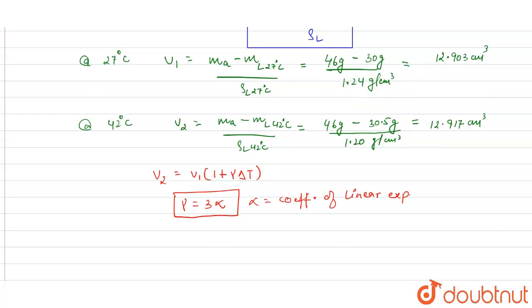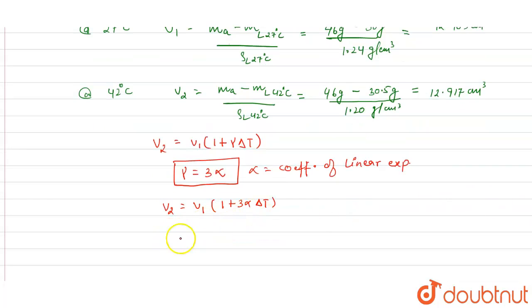Now putting gamma in the above equation, we get final volume equals initial volume into 1 plus 3 times alpha delta T. Calculating alpha from this equation, we get final volume divided by initial volume minus 1, into 1 by 3 times delta T.